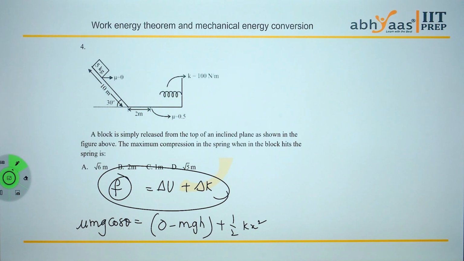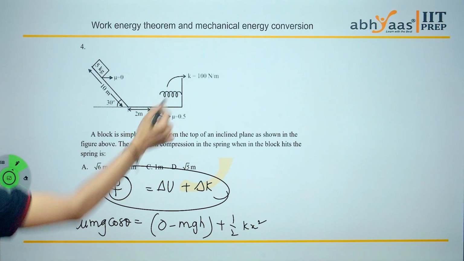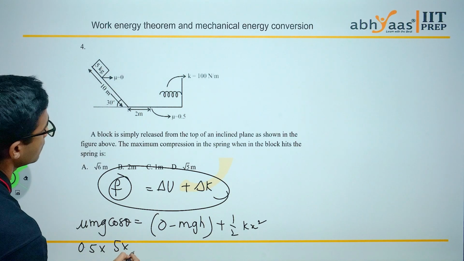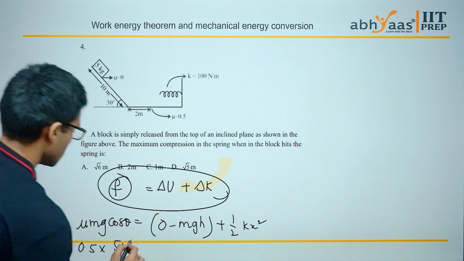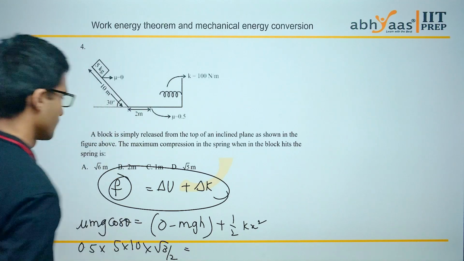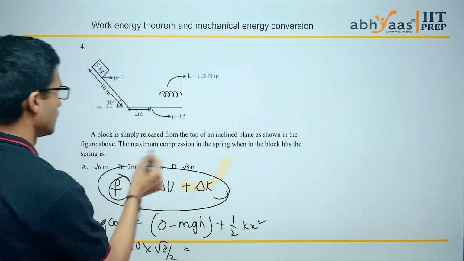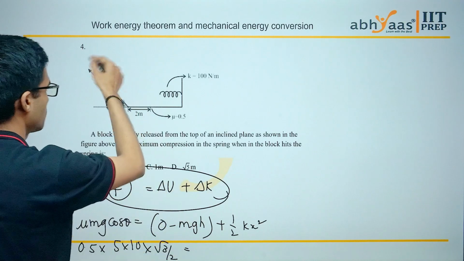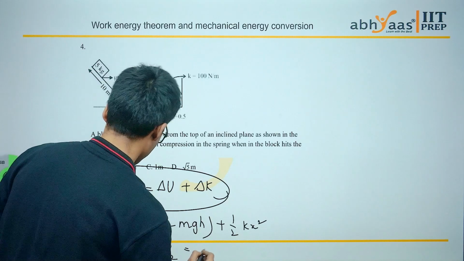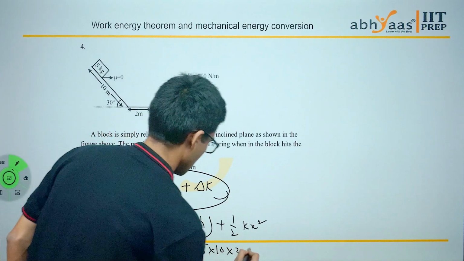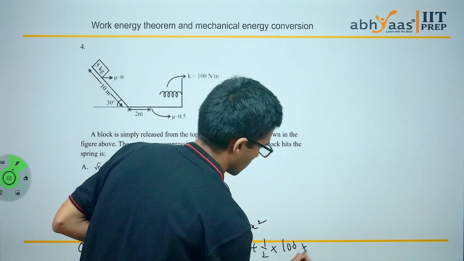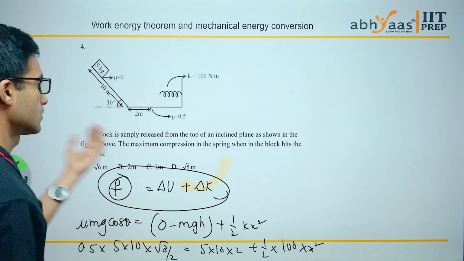If you calculate it, the k value is given as 100, mu is 0.5, m is 5, g value we consider 10, cos 30 is root 3 by 2. mgh is this position, the distance is this one, so 5 into 10 into 2 plus half k x square, with k given as 100. Directly you will get it.